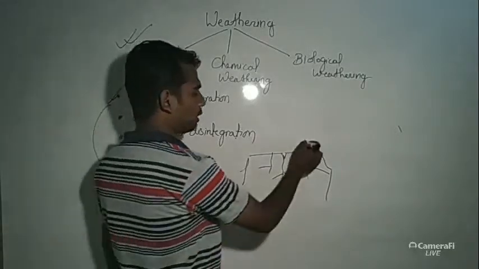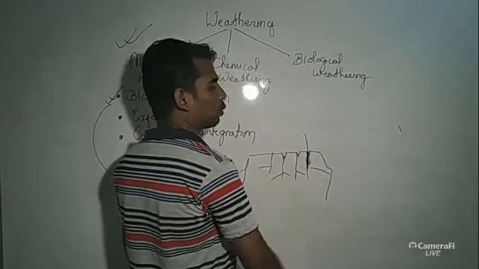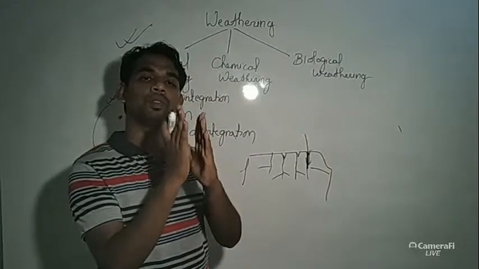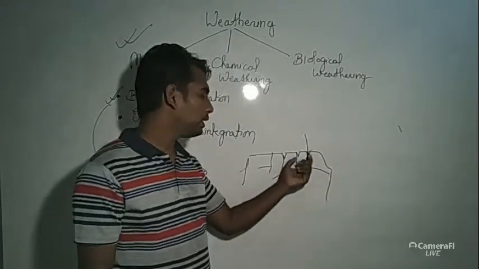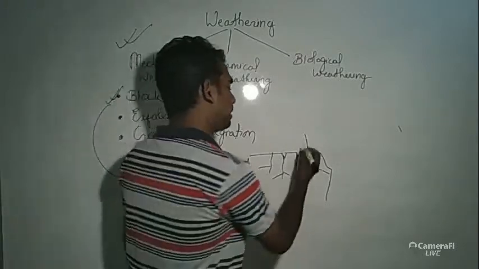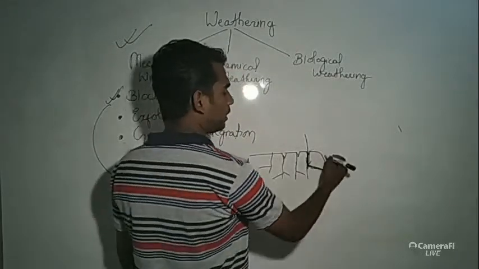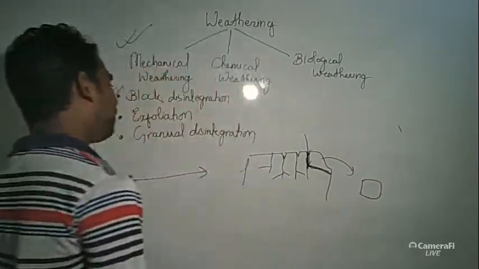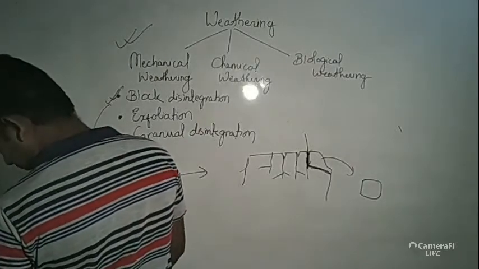The water percolates down, and slowly it starts making space between a particular block and the rest of the rock. Clear? As the cracks become bigger and bigger, later the corner part falls down. That is what is known as block disintegration. Clear?